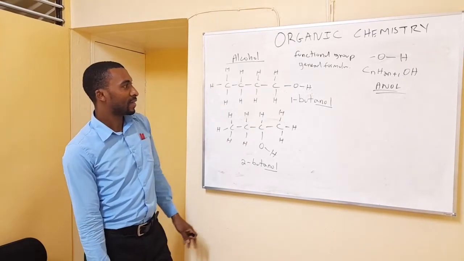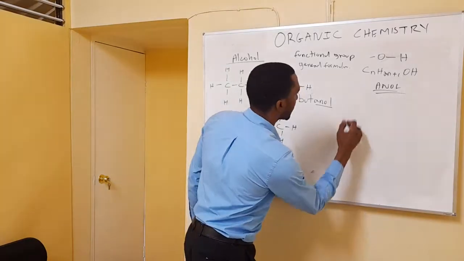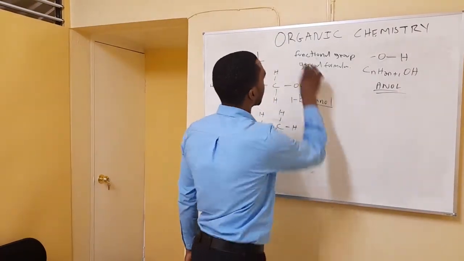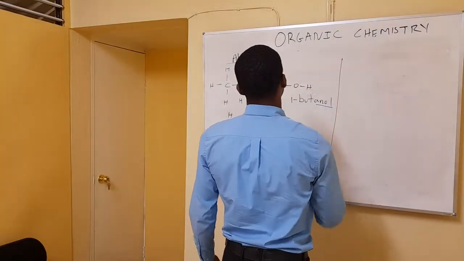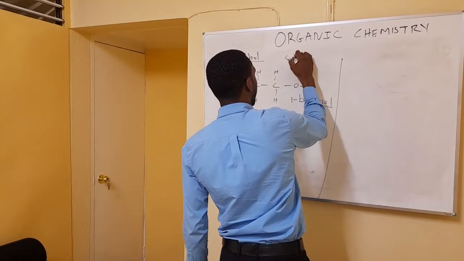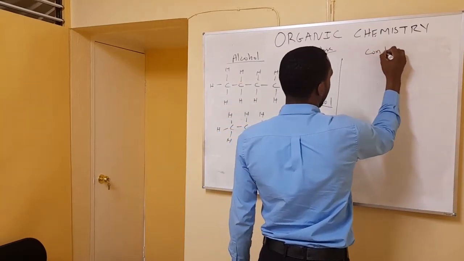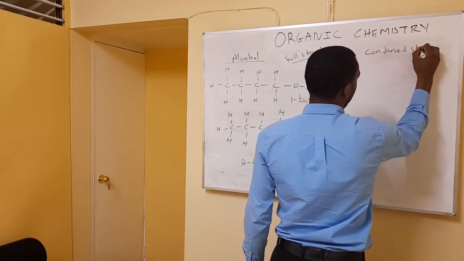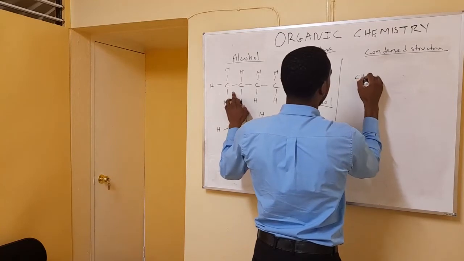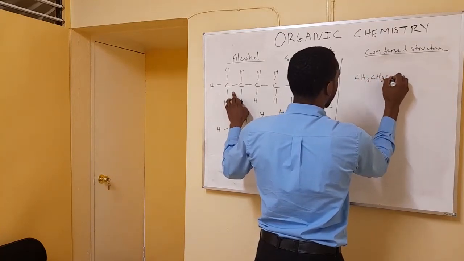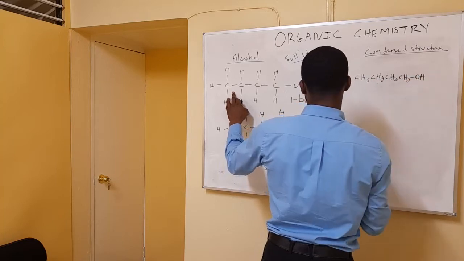Alright? And then if you want me to write the condensed formula for this, so the condensed formula. So this is the structure, full structure. For this one it will be CH3, CH2, CH2, CH2, OH.